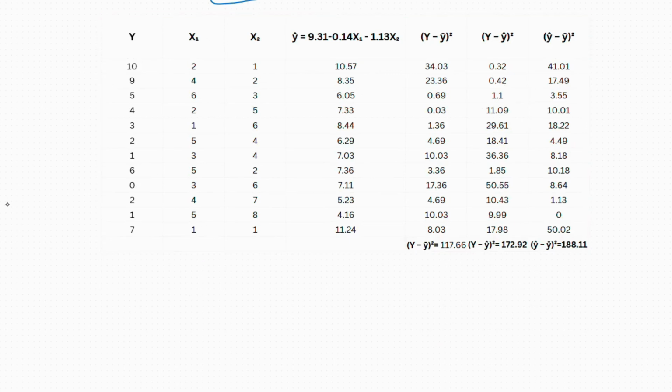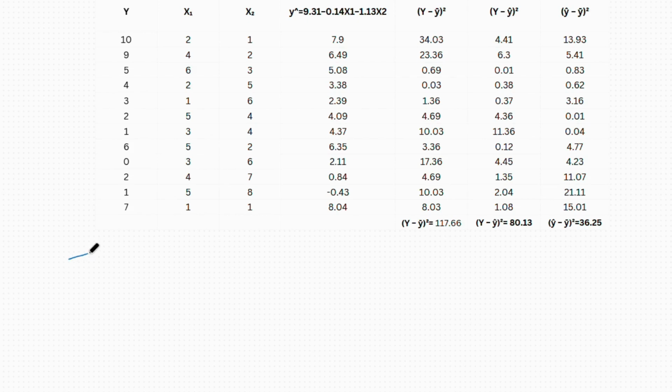The value of TSS: the total sum of squares is the summation of (y minus y bar) whole square, which is equal to 177.6.